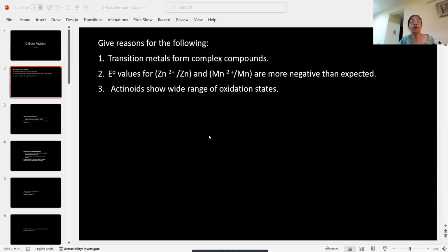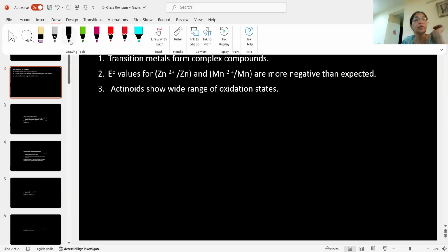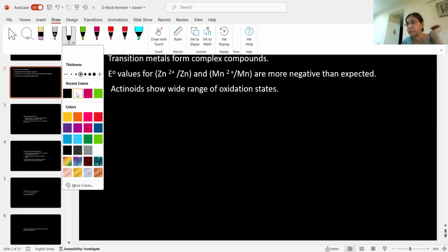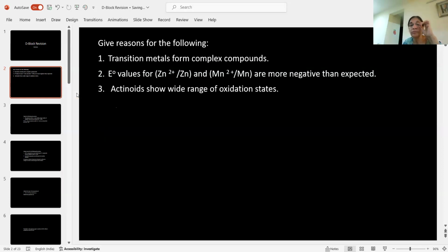Give reasons for the following. Transition metals form complex compounds. Tell me, why do transition metals form complex compounds? They form complex compounds because of three reasons. First, due to vacant d orbitals.